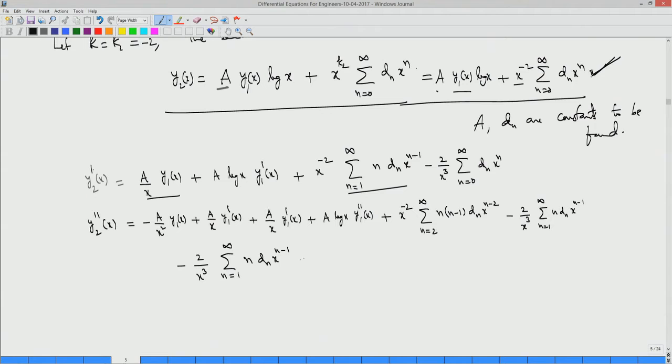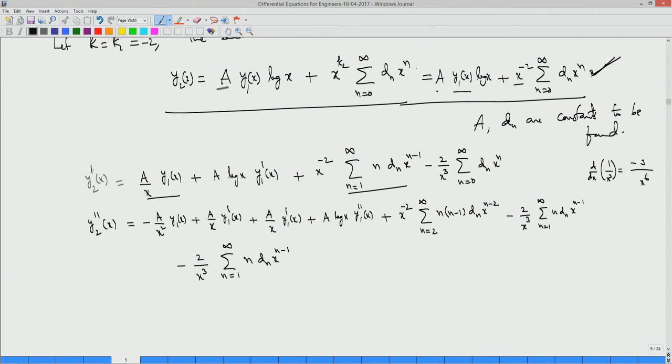And then you differentiate minus 2 by x cube. The derivative of 1 by x cube is minus 3 by x power 4.